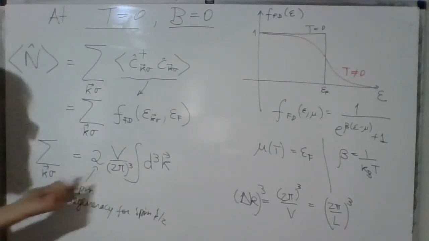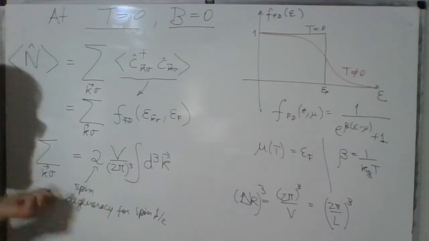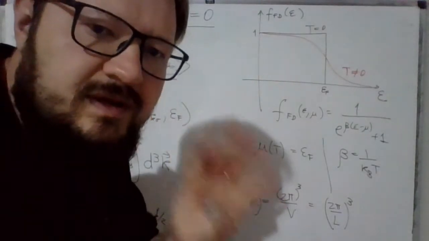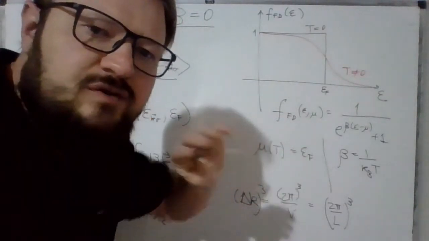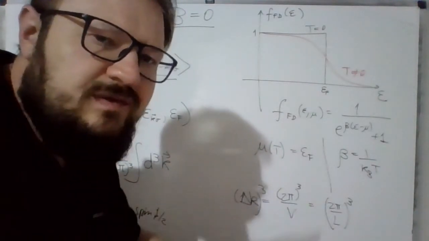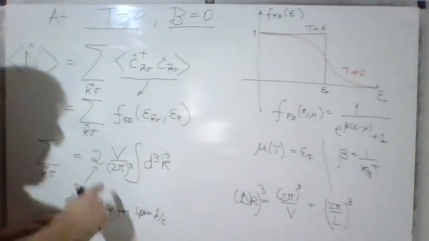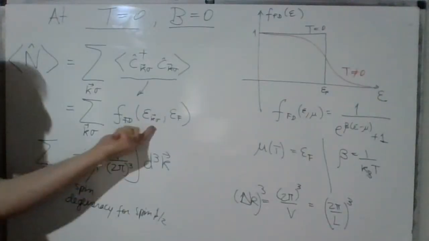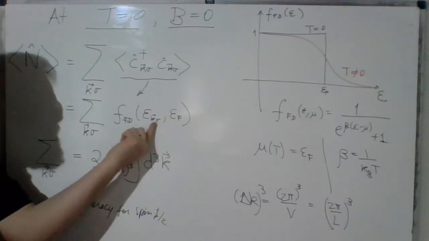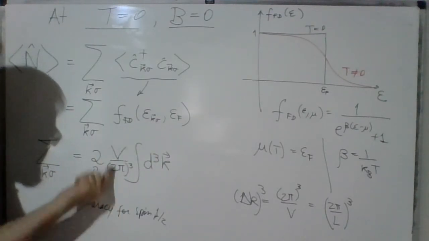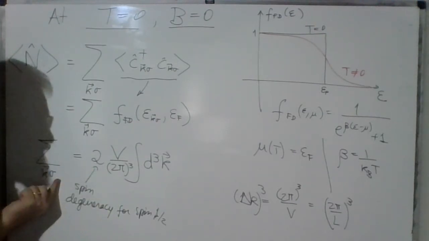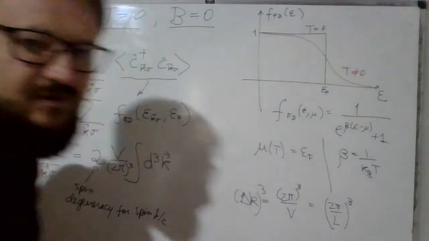You replace the summation by integrals and the summation over spin by a factor of 2, because you are considering no magnetic fields, no spin-orbit couplings, and therefore the spin is a correction. So energies are independent of spin. You are replacing the energy by something which is independent of spin, and therefore you'll find a factor of degeneracy when summing over spins. Okay, factor of 2 for spin 1/2.